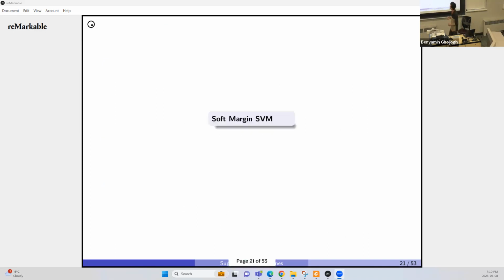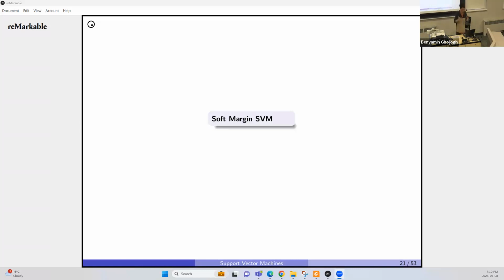Then we went to the soft margins. This is an improvement of the SVM. They said, what if we have some data which are confused from the two classes? They are not completely linearly separable, but they are not very hard, very nonlinear.